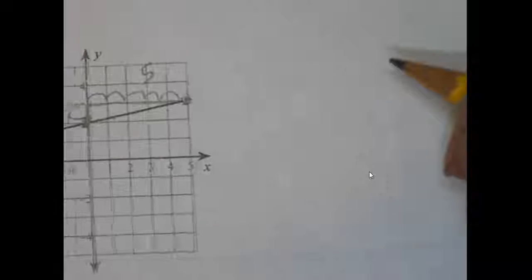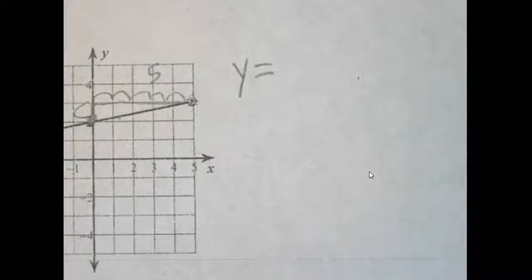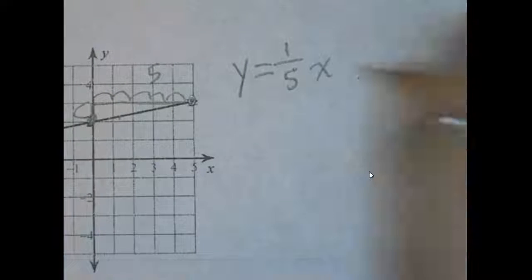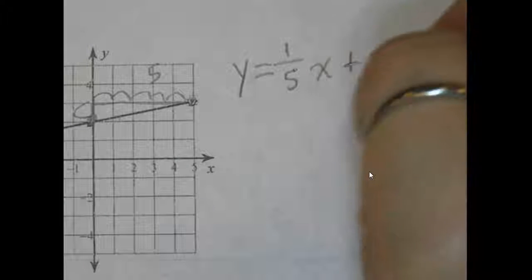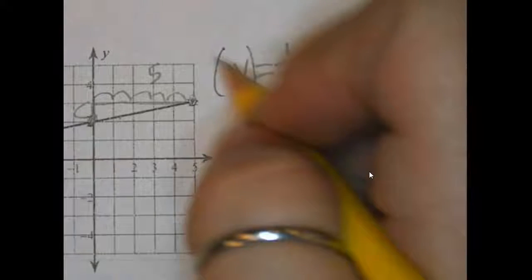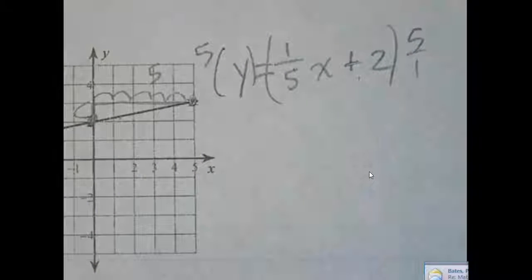So y is equal to, what is my slope? 1 over 5x, and what is my b? Okay, so here is one where I'm going to have to go ahead and take this and multiply by that bottom, or the reciprocal, 5 over 1, to finish it. Make sense?